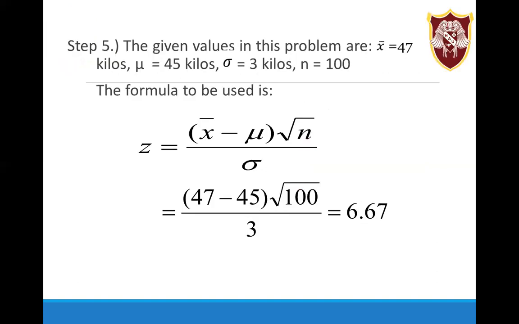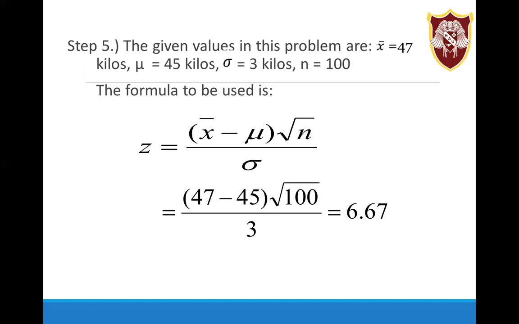So the given values in this problem are the sample mean. So that's the sample mean weight, which is 47 kilos. And then the population mean is 45 kilos. The population standard deviation is 3 kilos. And we have a sample size of 100.